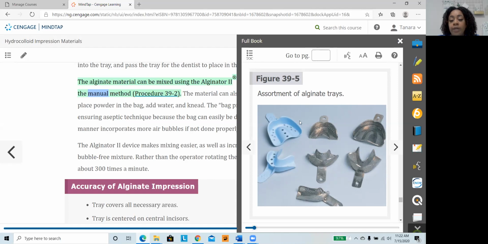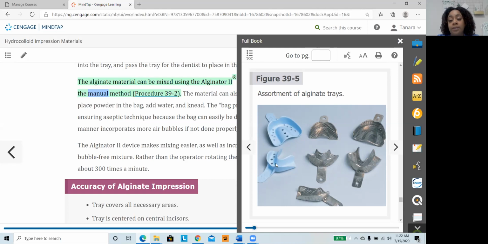So right here you have your different alginate trays. They come in different color sizes. Your stainless steel trays here, you absolutely can sterilize. The plastic ones you can't, they'll melt. So that means it's single use unless they have the solution to sterilize it.